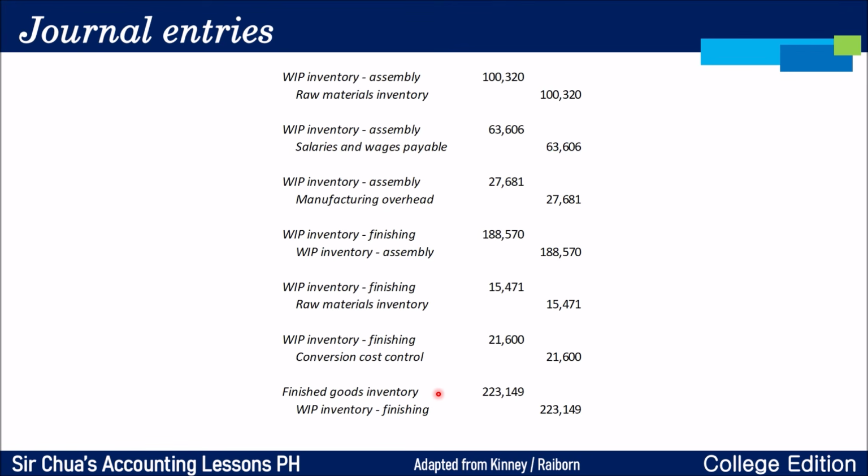Kayo po ang mag-trace sa ating problem kung paano po siya in-entry. Kasi it's the same process kung paano po tayo gumawa ng journal entry sa manufacturing process, pero may makikita po kayo dyan katulad po nito na galing sa assembly department, nilipat na po sa finishing department. Okay, so I'll be leaving those journal entries to you for your study.